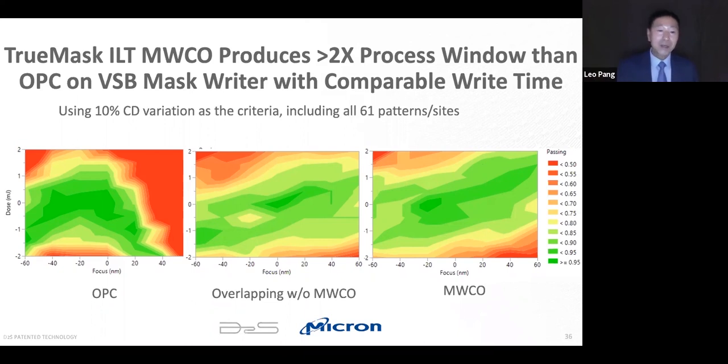So basically the valid process window is those green or non-red regions. You can clearly see that overlapping without MWCO and MWCO significantly increase the process window by 2x, especially in terms of depth of focus.